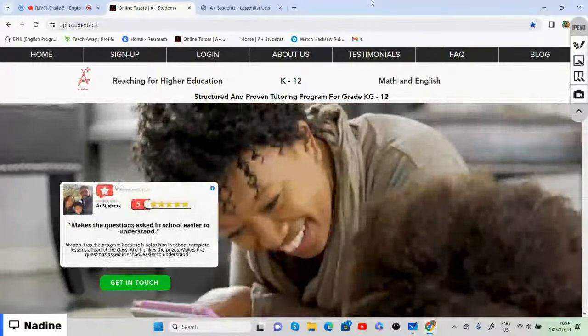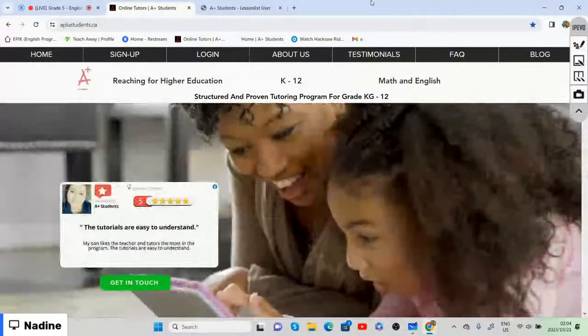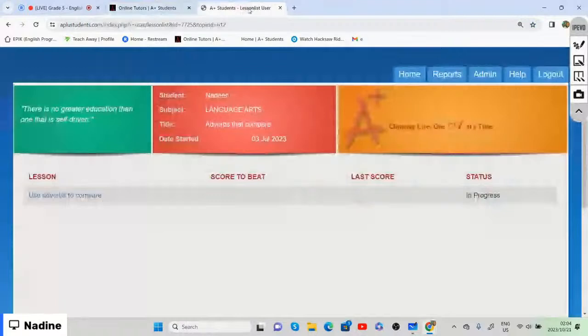Once you've selected grade 5, you're going to scroll down until you get to the chapter of adverbs that compare.